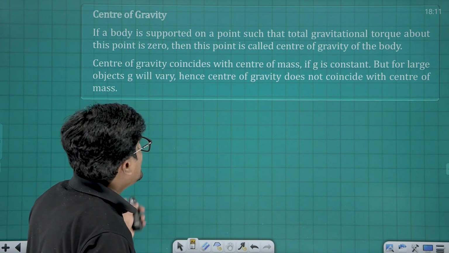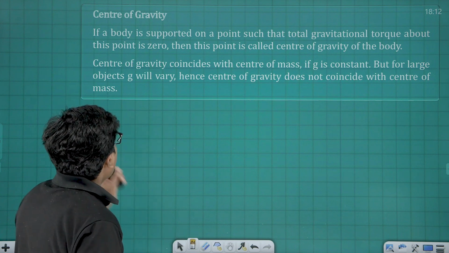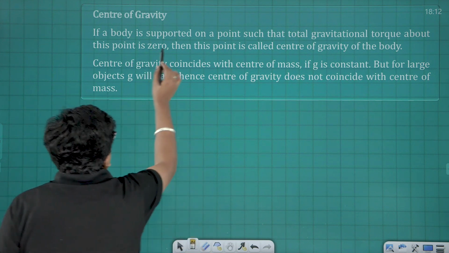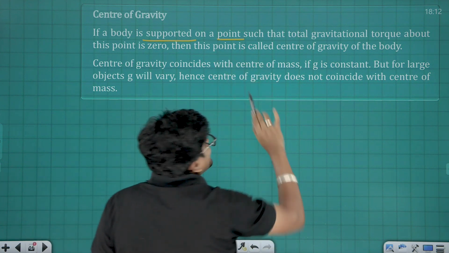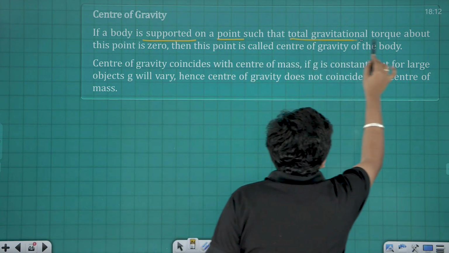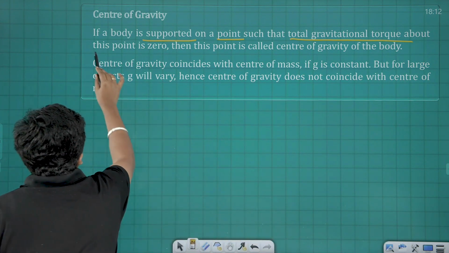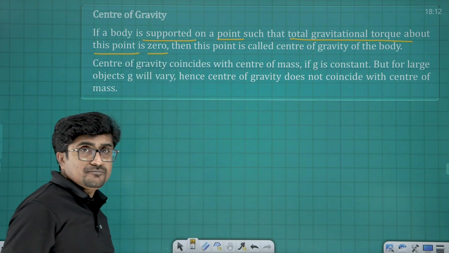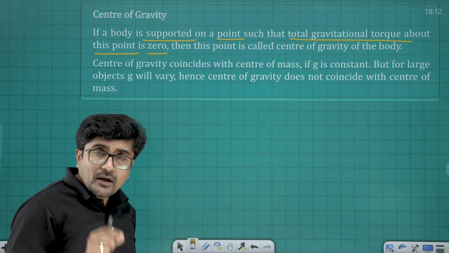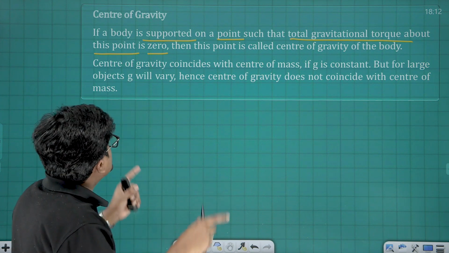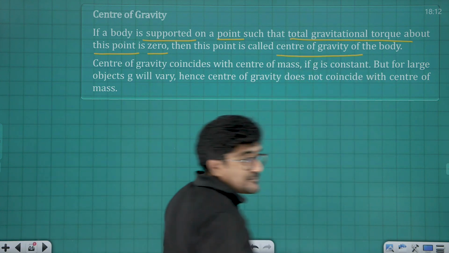All right. The next one is center of gravity. I repeat, center of gravity. As per the definition, if a body is supported on a point such that the total gravitational torque about this point is 0, so that the net torque experienced by the body is 0, then that point is known as the center of gravity.